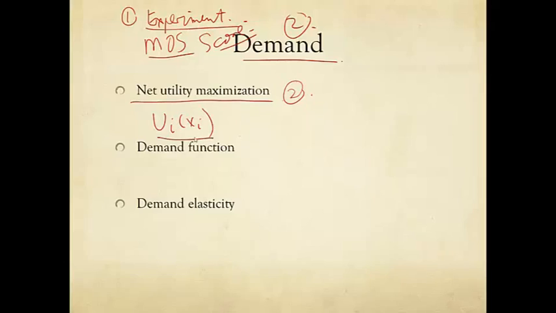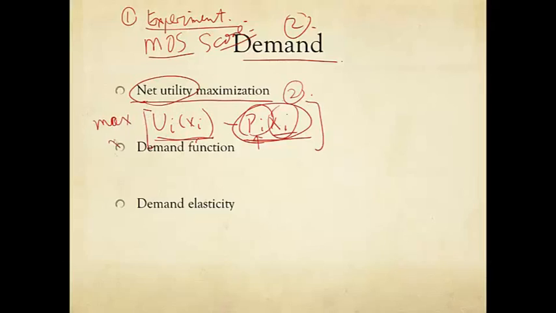But there is no free lunch. I have to pay something, for example, p_i per unit of whatever I'm getting, say bandwidth or rate, bits per second. So for each bit per second, I have to pay a unit price p_i, and I'm getting this much x_i in volume. So the total cost to me is p_i times x_i. This is how much I'm getting. This is how much I'm paying. The difference is net utility, and that is what I would like to maximize over my individual choice x_i.